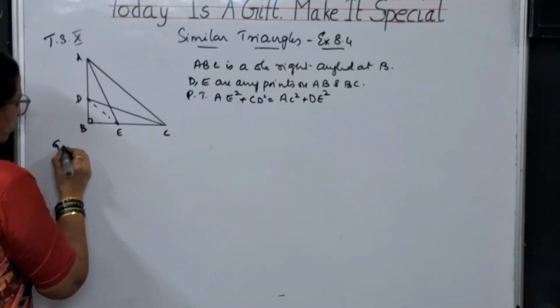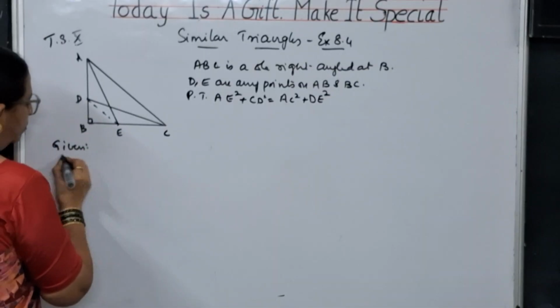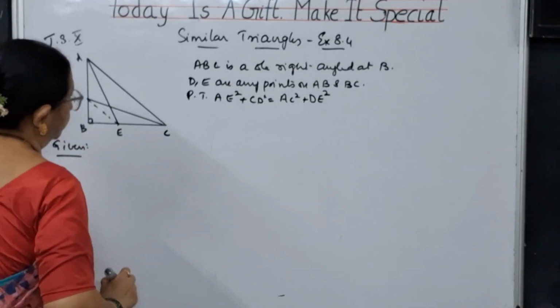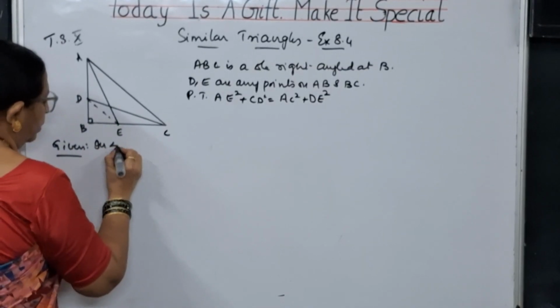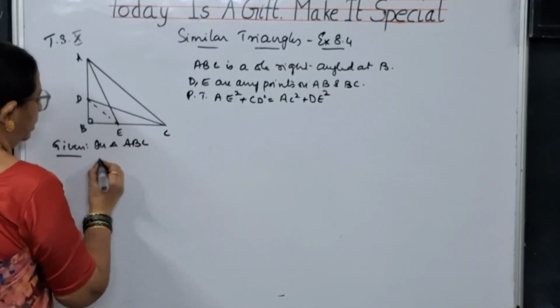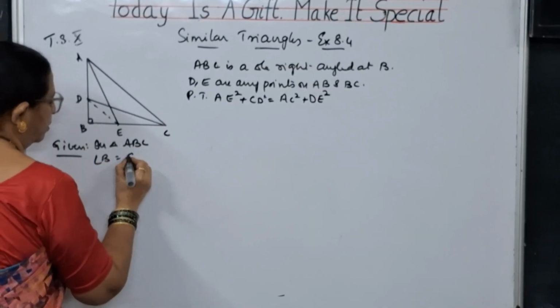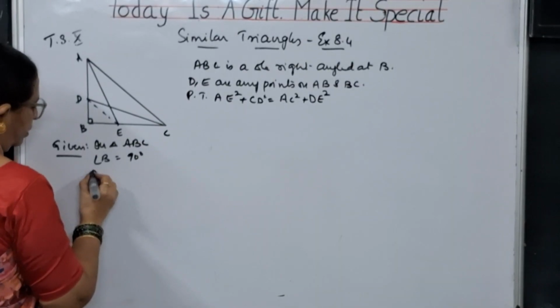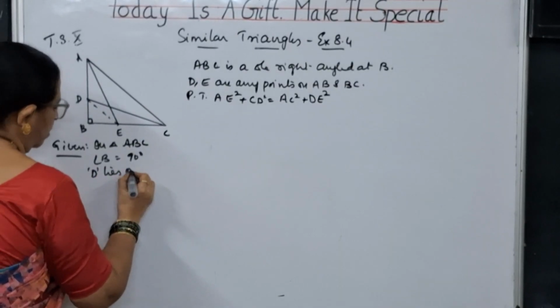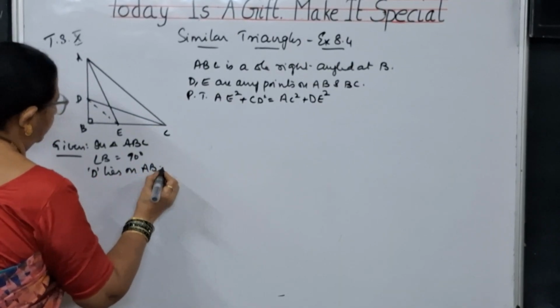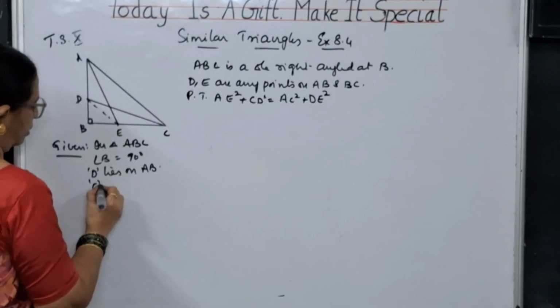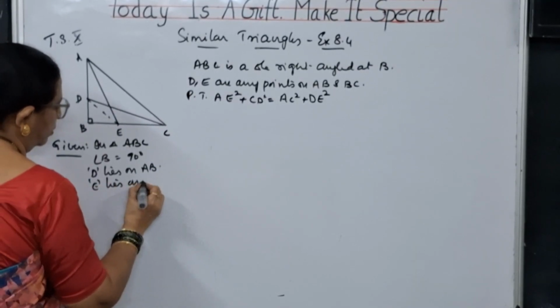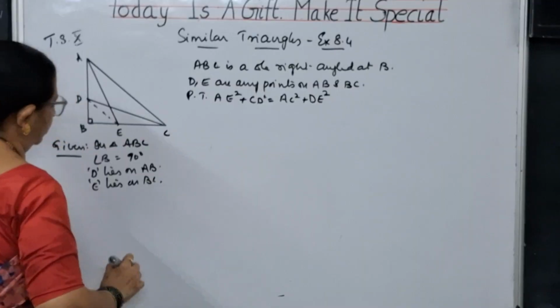So what is given to us? In triangle ABC, angle B is equal to 90 degrees. D lies on AB and E lies on BC.